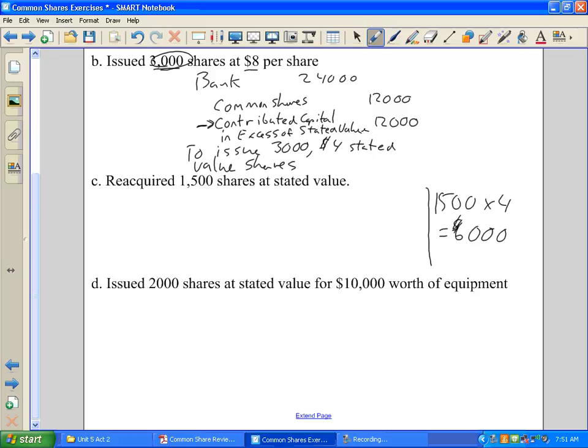When we sell them, you debit bank and you credit common shares. This time, you're just going to do the exact opposite. You're bringing the common shares as a decrease. You're reducing them, so you debit that account, and because you're buying them back, you're going to go to your bank account and pay for them. So you credit the bank account for 6,000 bucks, and to reacquire common shares.